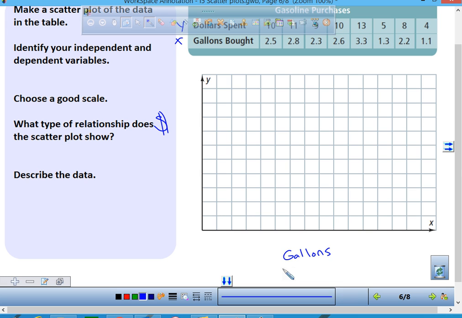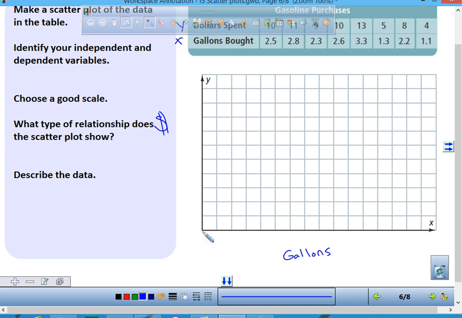Am I going very far? Oh, 3.3. Okay. 1.1 to 3.3. Am I going very far? So our interval is going to be very large. Even if you go by 0.5, that's going to be a lot. Maybe by 0.2 or 0.3. Okay? I'm going to go by 0.3s just to make sure that we make it.